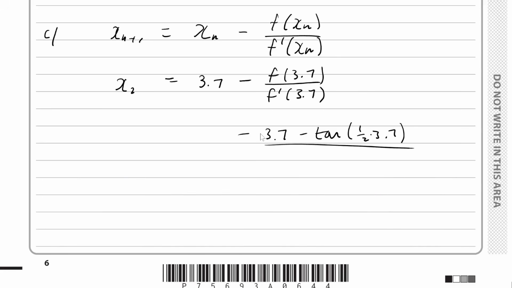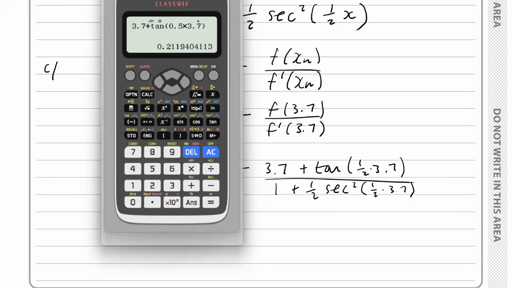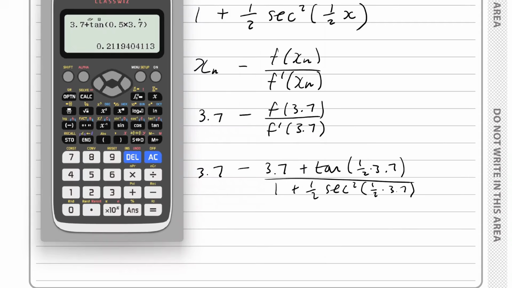And our differentiated one was 1 plus half sec squared half x. So we can't type sec squared into the calculator. So I'm going to do these separately. I'm going to do the top and the bottom, and then I'll save them both in the calculator as I go. So for the top, we've already done that. It's already in the calculator.